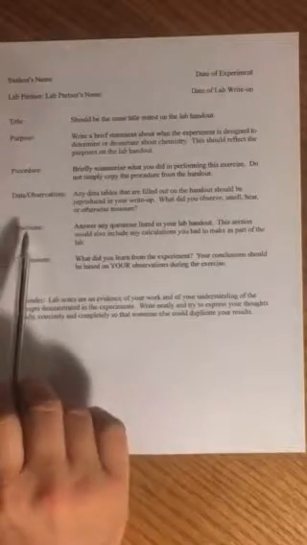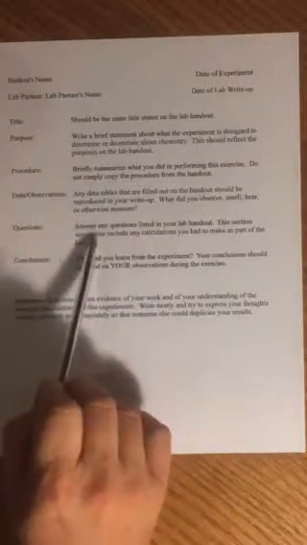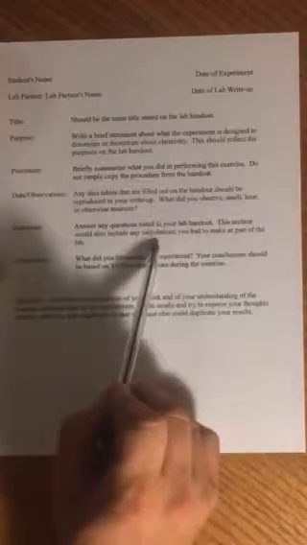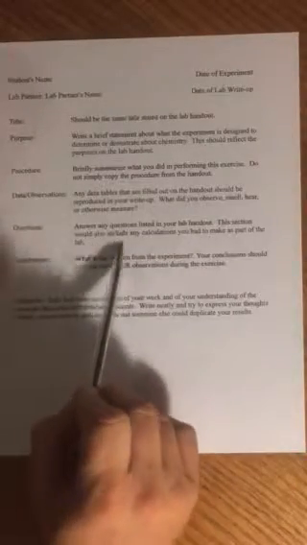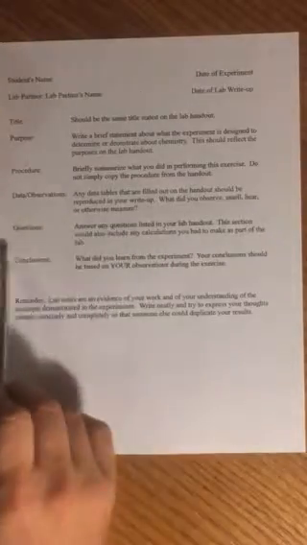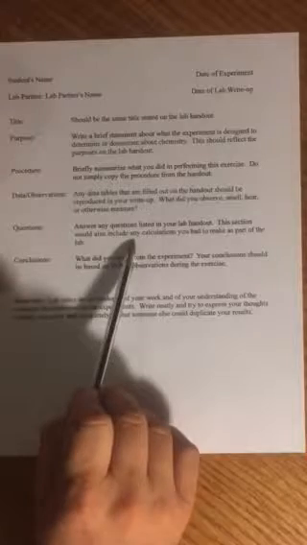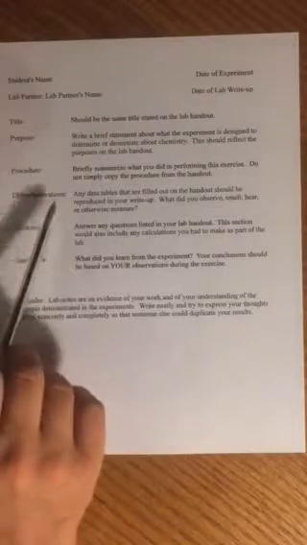Okay. Questions. Answer any questions listed in your lab handout. The questions section also includes any calculations you had to make. So again, for example, our first lab covers density. So the calculations for your densities of the different materials, the points for doing those calculations is going to be included in this section right here. Now, the one thing to note is the calculations that you're going to be doing need to be based on your data.